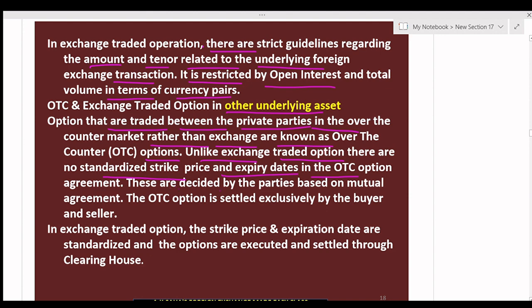These are decided by the parties based on mutual agreement. The OTC option is settled exclusively by the buyer and seller. In an exchange traded option, the strike price and expiration date are standardized, and the options are executed and settled through the clearing house.